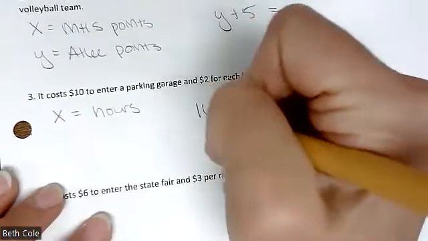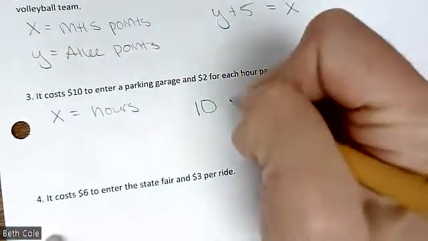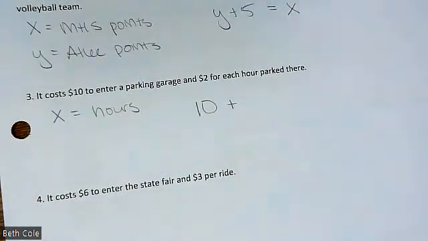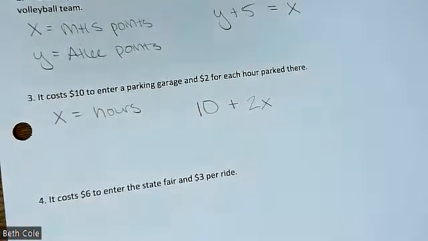And you're going to take your 10 that you have to pay just to get in the door plus 2x. I mean, if you wrote x2, I wouldn't mark that wrong. We just usually put the number out front, plus 2x. So it's $10 just to get in, and then plus $2 for every hour that you're there.